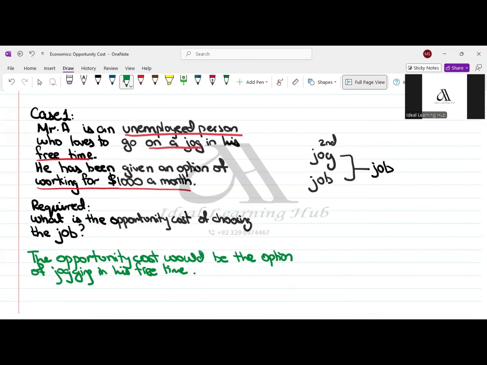So basically, this is what opportunity cost is. The opportunity cost would be the option of jogging in his free time because now he won't have free time. Instead, he would be going towards a job.